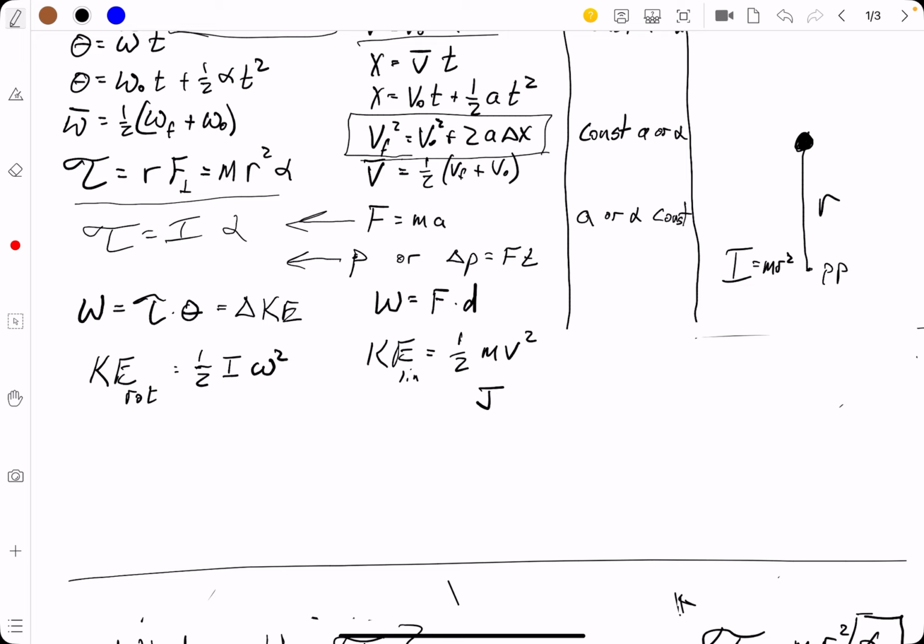Anyway, you'll also have joules over here. How does that work? Well, our I is in kilogram meters squared. Our omega is in radians per second, so that's radians squared per second squared, but the ghost of radians goes away, so we're left with kilograms meters squared per second squared.